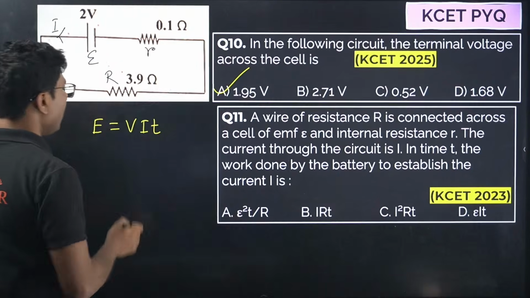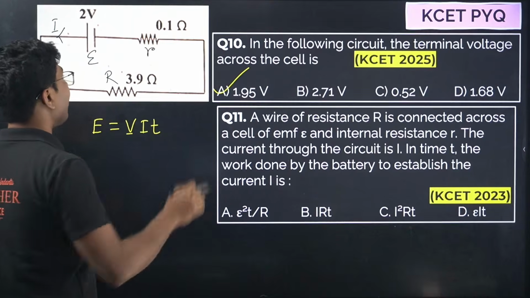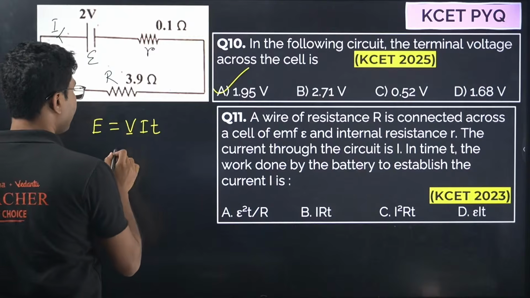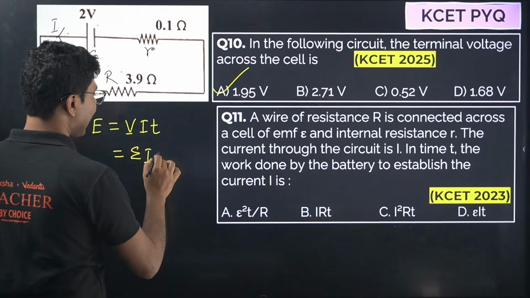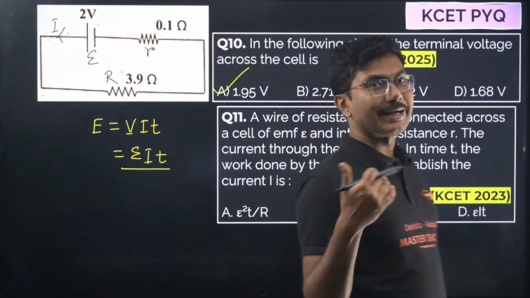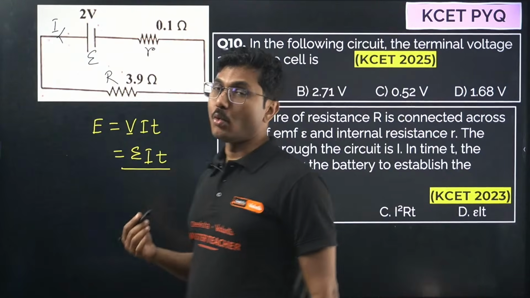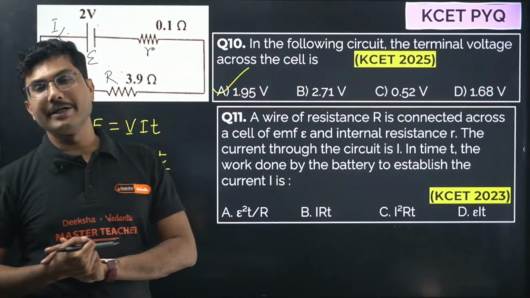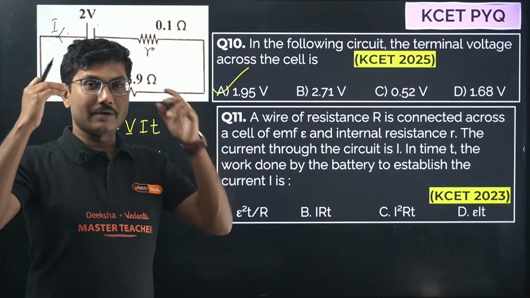Now when you are talking about VIT, V is the voltage. When you are talking about a battery, instead of voltage, it will be simply the EMF of the cell. Current is I, time taken is t. So this is the energy that is being spent by the battery, and from the work energy principle that you have studied in your PU1, the same energy has to be converted into work done.